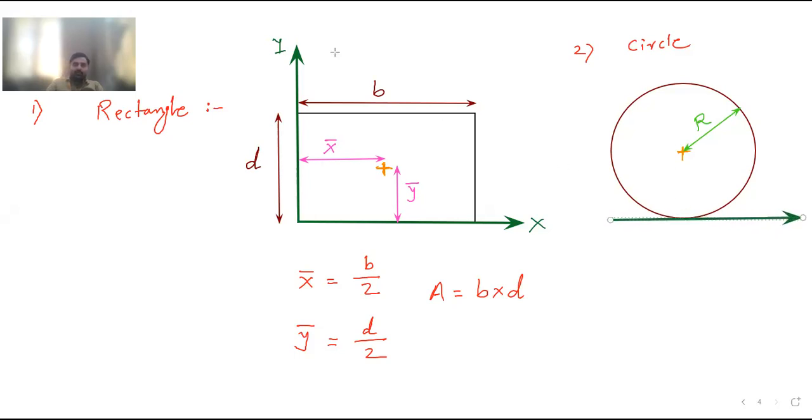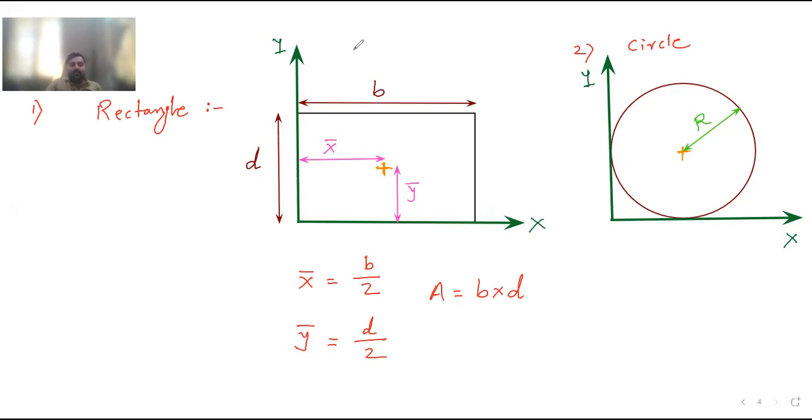This is the reference y-axis. These are the reference axes, x and y.